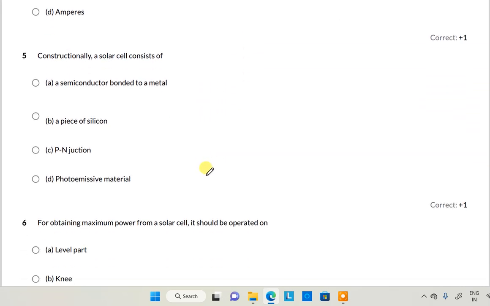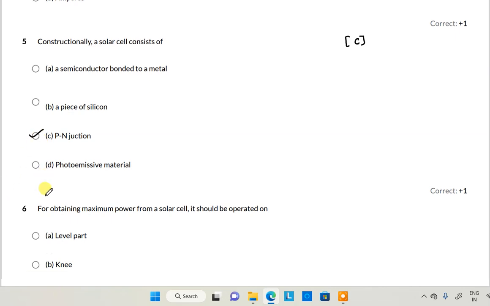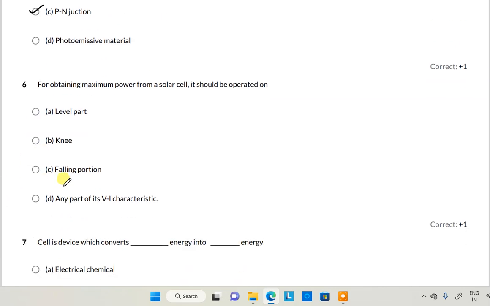So next, third question. Constructionally, a solar cell consists of a PN junction. In the solar cell concept, I explained clearly how exactly the solar cell is working, and how the PN junction is formed to generate the electrons. Everything is discussed there, so just go to our Play Store.